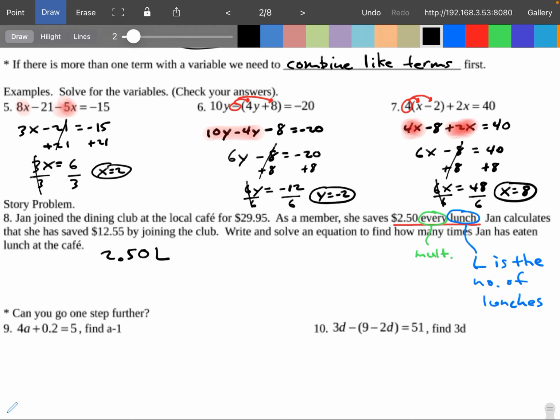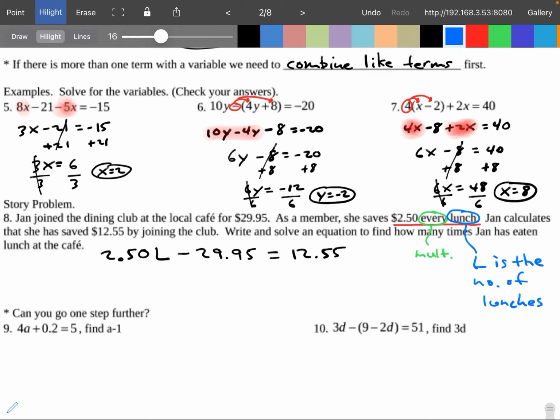But then you got to remember, she spent $29.95 to join this club, right? So we're going to make that amount negative. So she has to spend $29.95, so we're going to subtract off $29.95. And then that's supposed to equal the amount of money that she saved, which is $12.55.